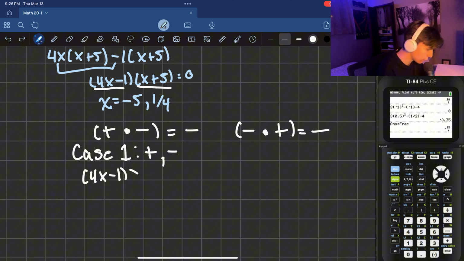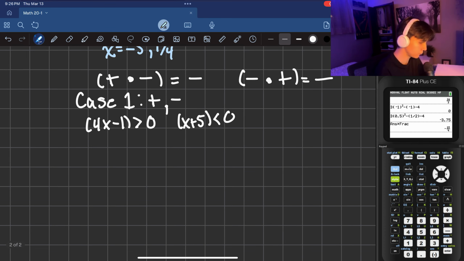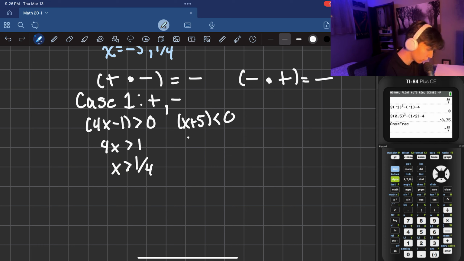So we're going to set our first factor positive, so greater than 0. We're going to set our second factor, x plus 5, less than 0. So now all we have to do is just isolate for x. So 4x is greater than 1, x is greater than 1 over 4, and x plus 5 is less than 0, x is less than negative 5.